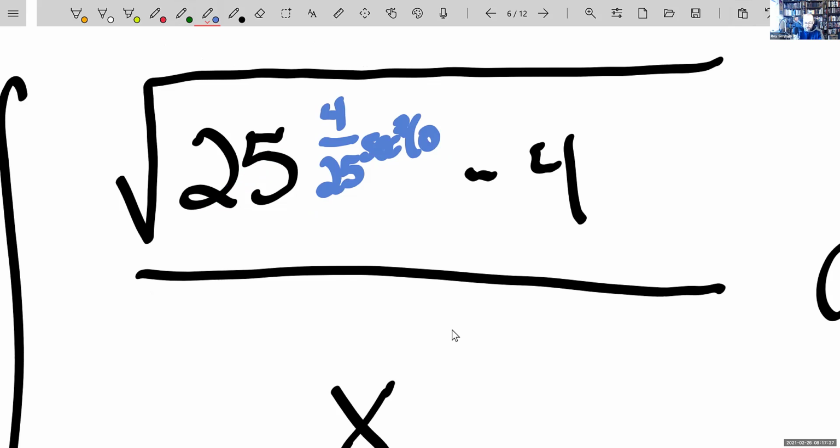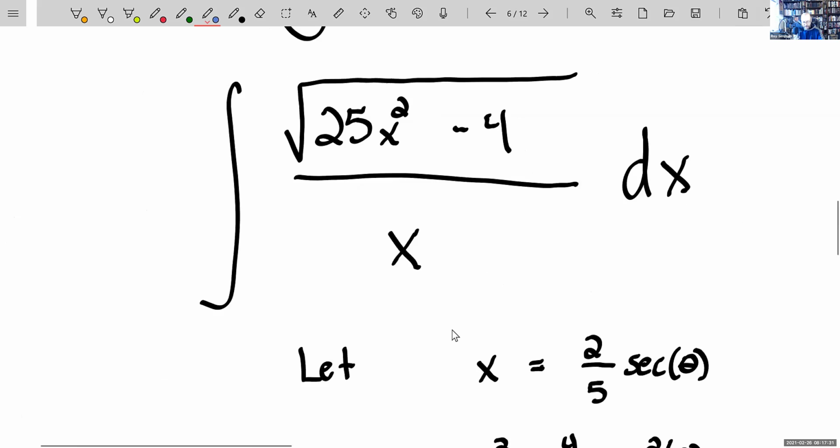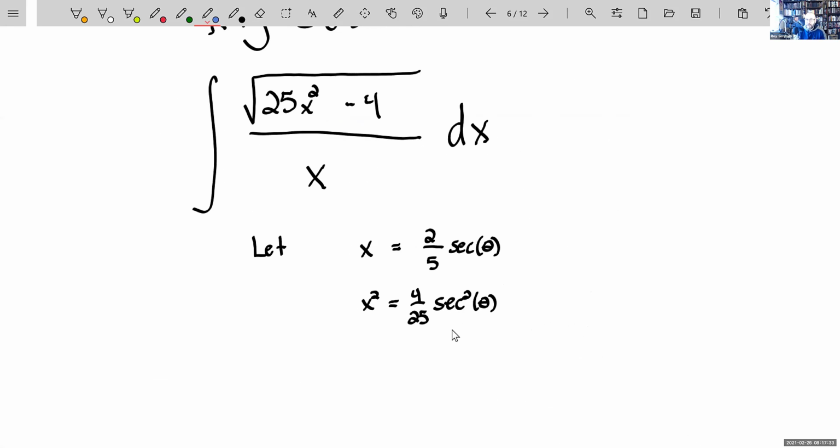So it does work out very nicely. Just bringing back everything that I had there. And so let's go ahead and use that substitution. Giving you a heads up, a lot of people will prefer to do the substitution slightly differently. I'll show you the substitution that they like to do after we're done.